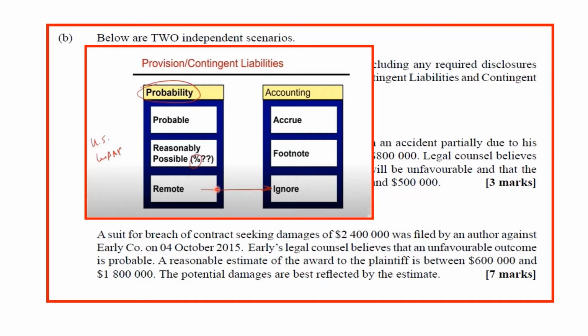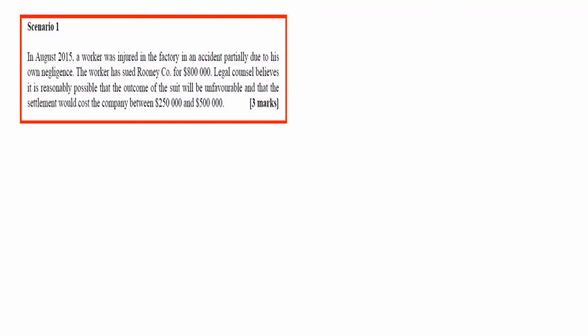Okay? Right. There is another condition that you have to ask, that we'll be asking in the other two scenarios when we look at scenario one.